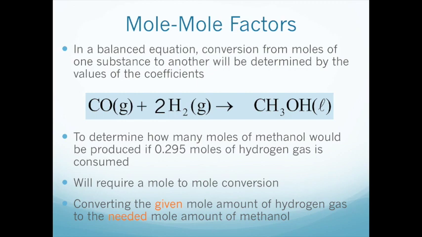So, how do we determine the number of moles of methanol produced if we have 0.295 moles of hydrogen gas? Well, we have to make a mole-to-mole conversion and convert the given mole amount of hydrogen gas to the needed mole amount of methanol.